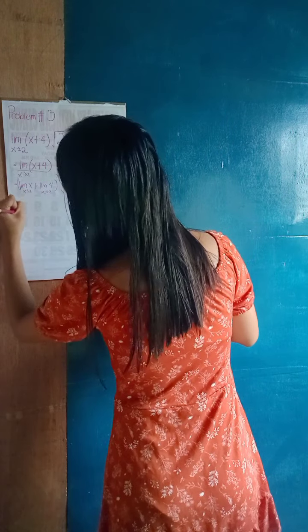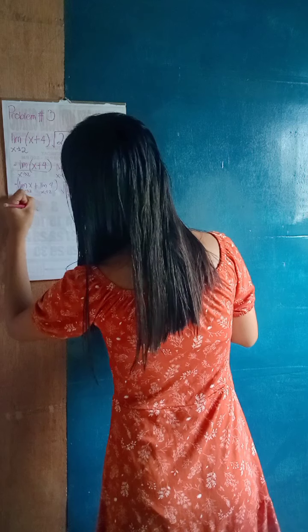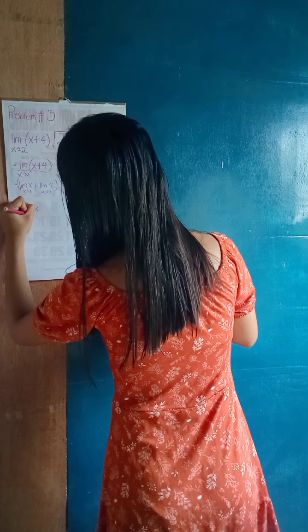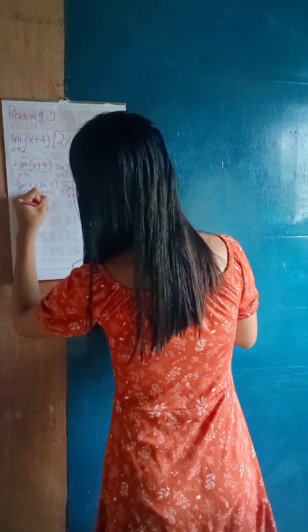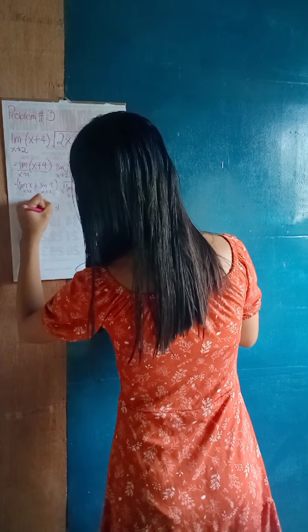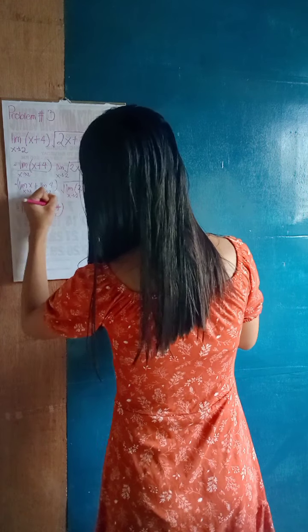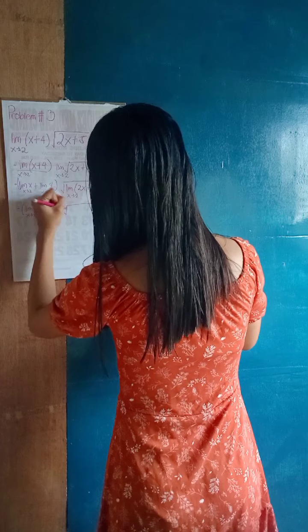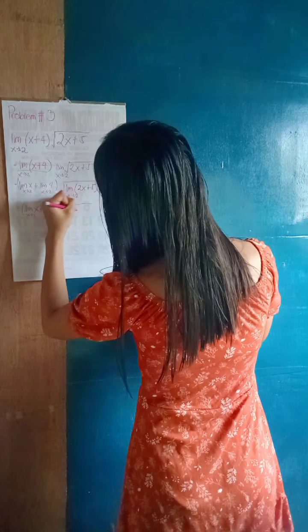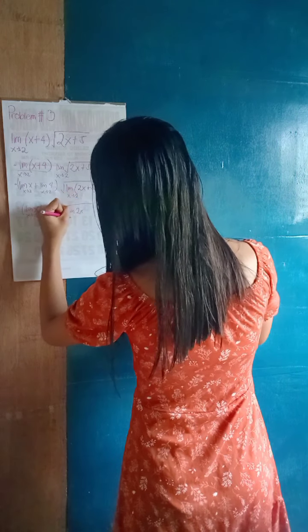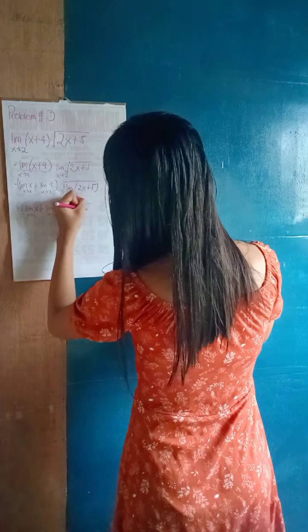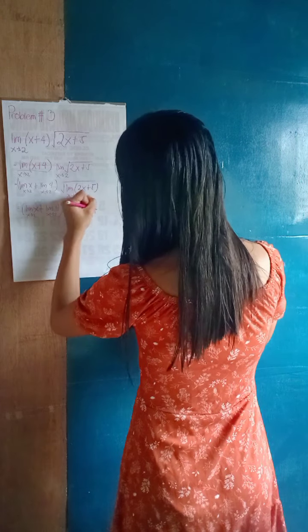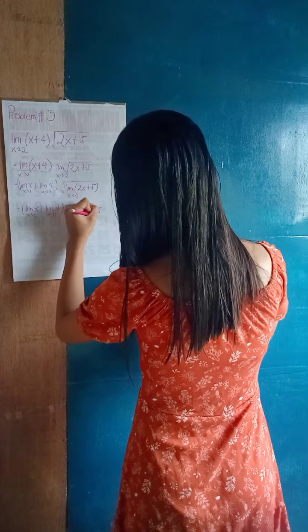So, copy limit x as x approaches 2 plus limit 4 as x approaches 2, square root of limit 2x as x approaches 2 plus limit 5 as x approaches 2.